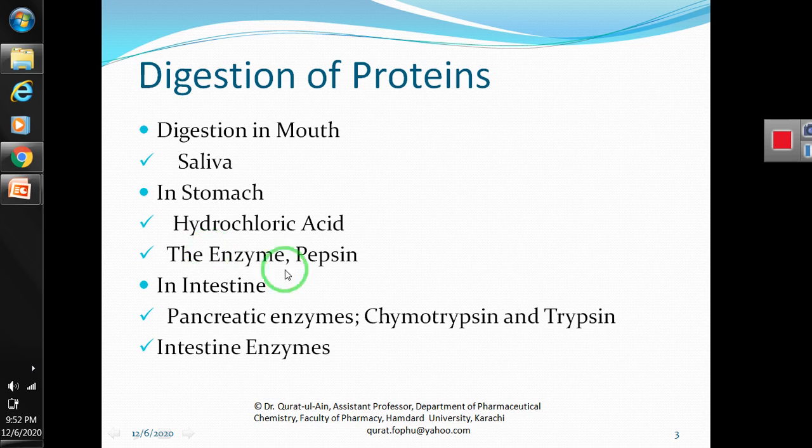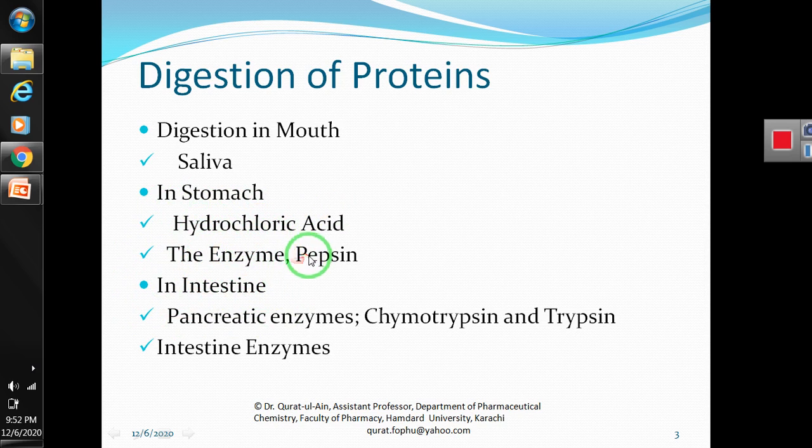And in the stomach, different gastric secretions help with the digestion. These include the hydrochloric acid and the enzyme pepsin. In the next slide, we will study what this pepsin does and how it takes part in the digestion of protein.